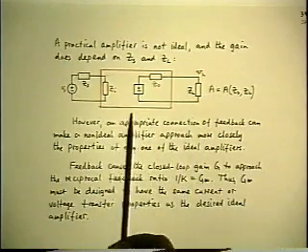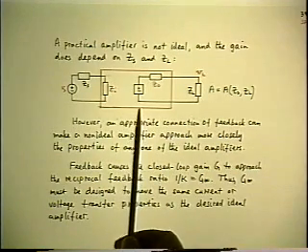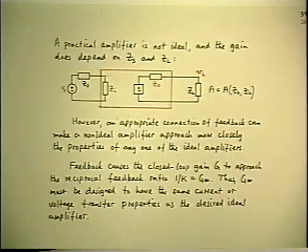But it's the way you connect the feedback that will determine in which direction the input and output impedances become more ideal, because there's four different directions to go in. Input impedance could get more ideal by becoming infinite or by becoming zero, and the same with the output impedance. And it's how you connect the feedback that determines which direction it's going to go in at each end. Let's see how that works.